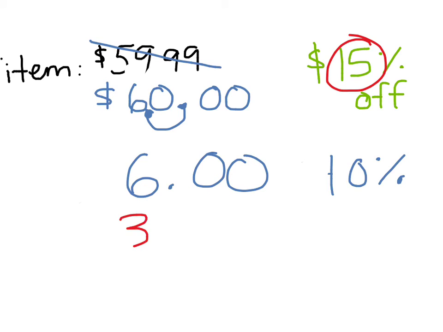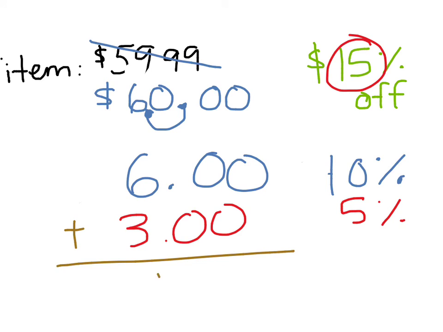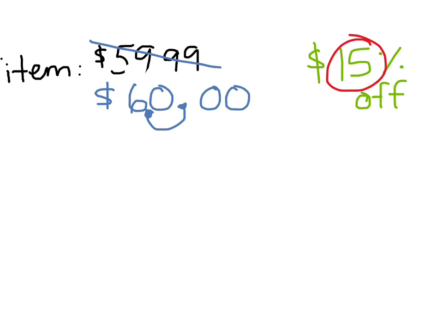Half of 6 is 3, just like half of 10 is 5, and then I can add those together. 6 and 3 is 9, just like 10 and 5 is 15. That gives us our 15%. So there's multiple ways you can do that. The discount here is $9.